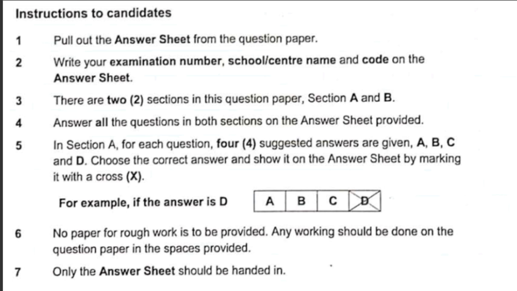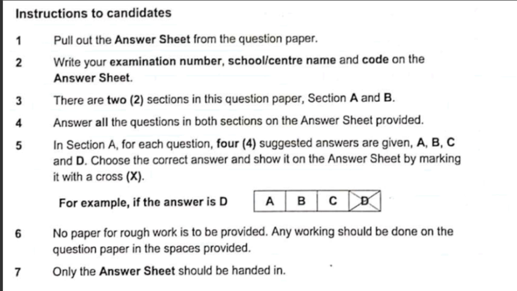Only the answer sheet should be handed in. Please do not submit the question paper. What will be handed in first will be the answer sheet. The question paper can be collected later, or even if it's been collected, make sure you give your answer sheet to the one who's collecting the answer sheets, and never put it back in the question paper.